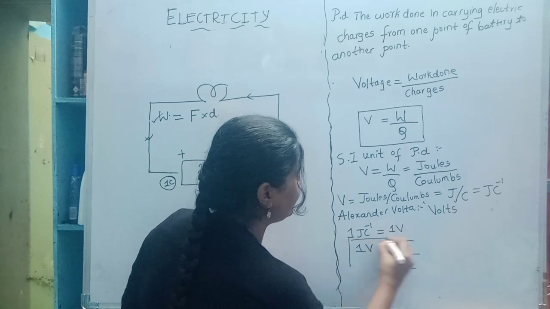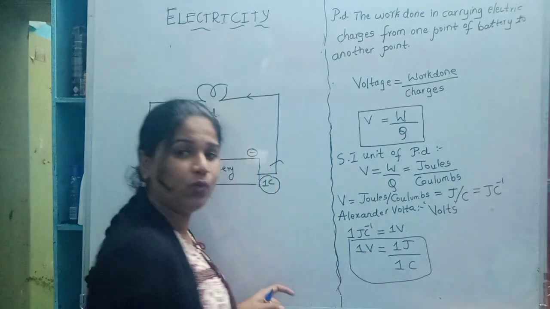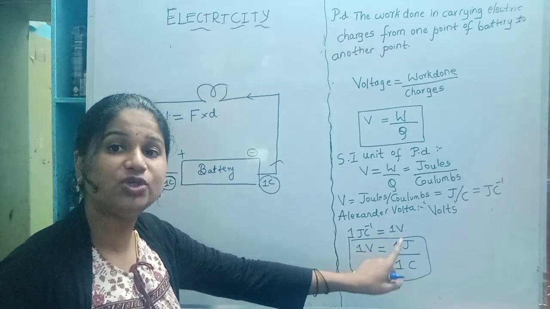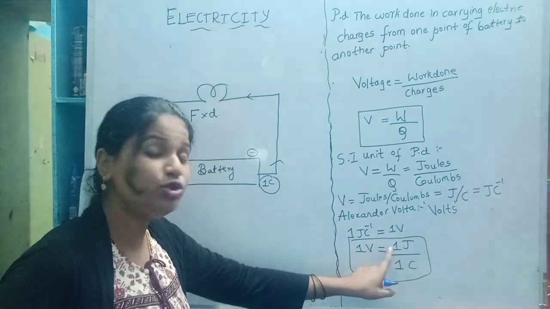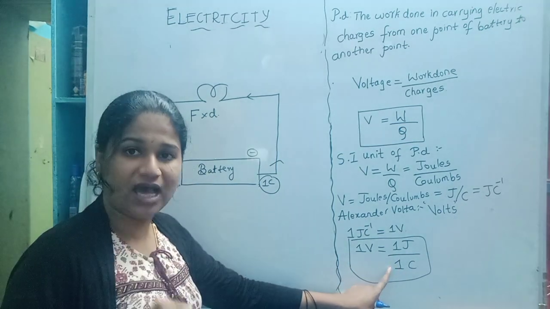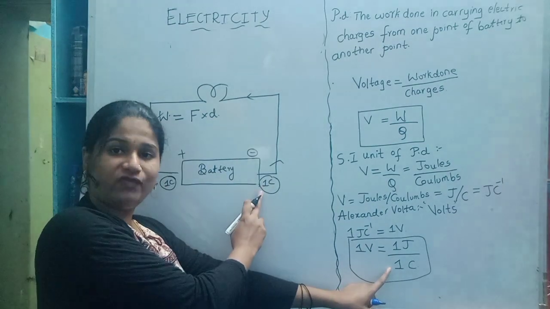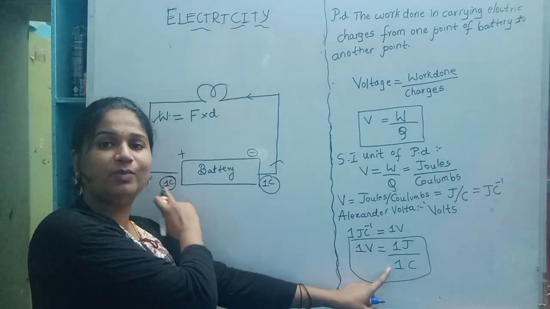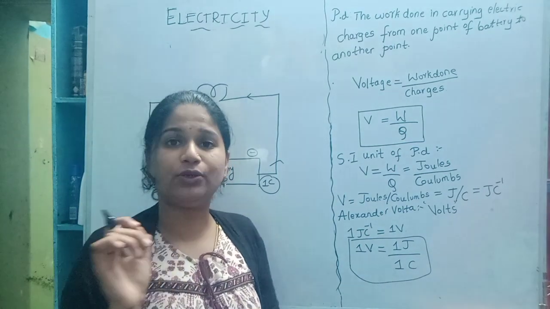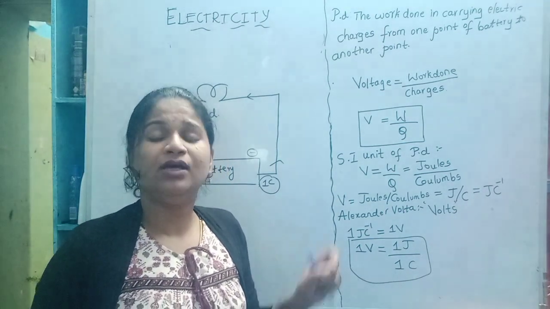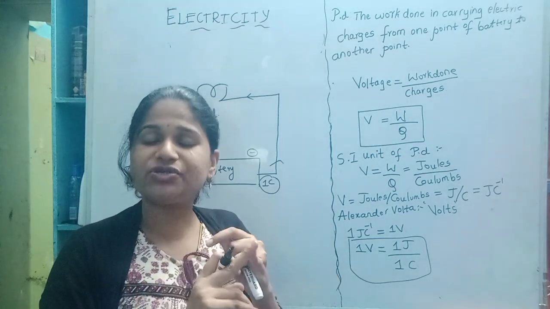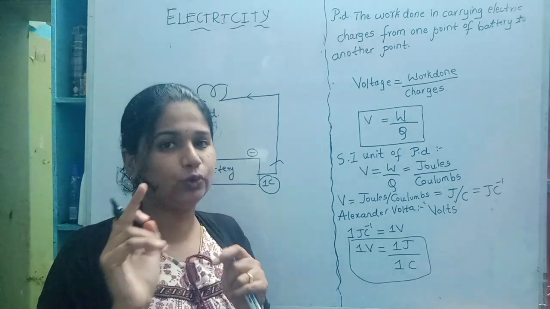By this we can define 1 volt: 1 volt is defined as the potential difference which is produced when 1 joule of work is done to carry 1 coulomb of charge from one terminal of a battery to the other terminal of a battery. This is the definition of 1 volt. So the SI unit of potential difference or voltage will be volts, or we can say joule per coulomb.